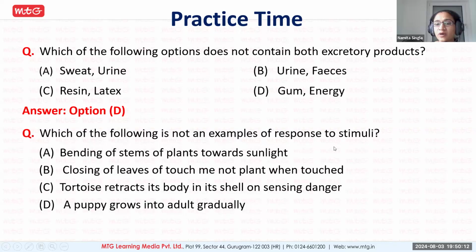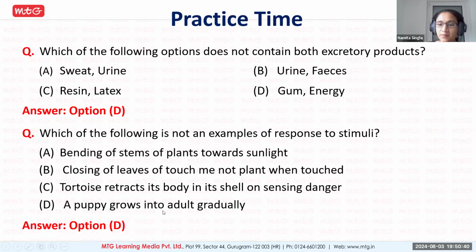Which of the following is not an example of response to stimuli? Go through this question, give me the answer quickly. Shrikar will give the correct answer. Shrikar. Ma'am, a puppy grows into an adult gradually.